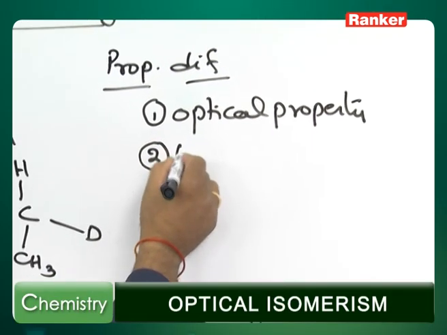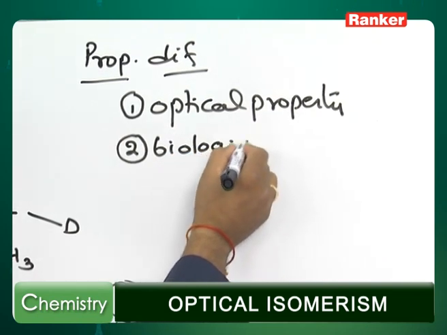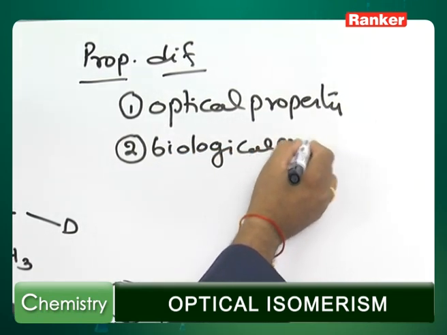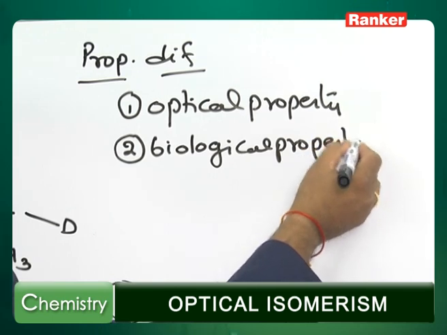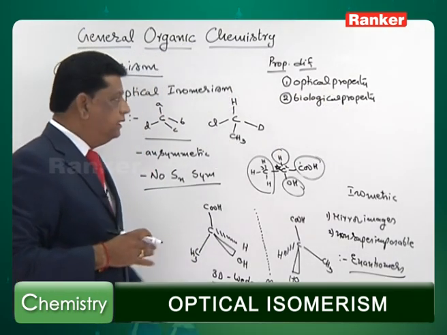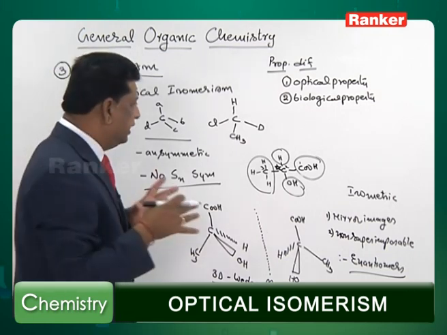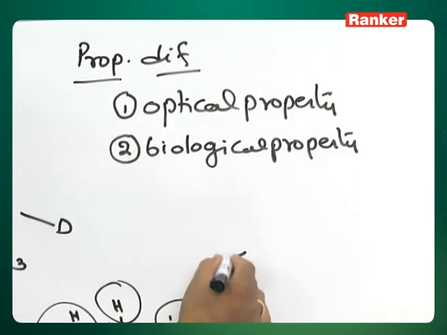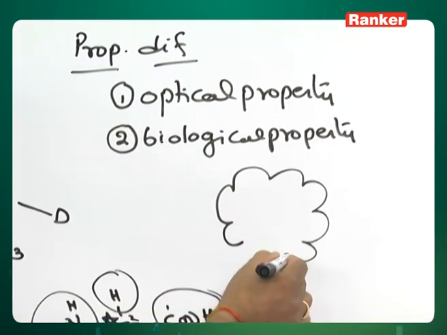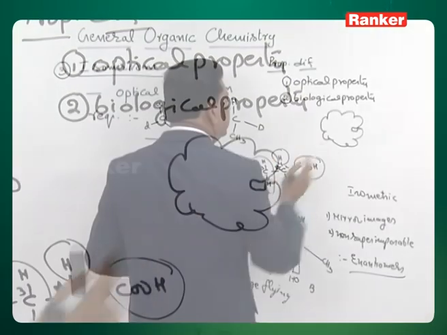This is a biological property. What does biological property mean? Most of the biological properties are concerned with very complicated mechanisms. For example, if there is an enzyme, imagine that the enzyme has a cave type of structure.